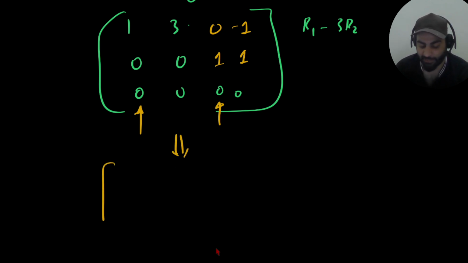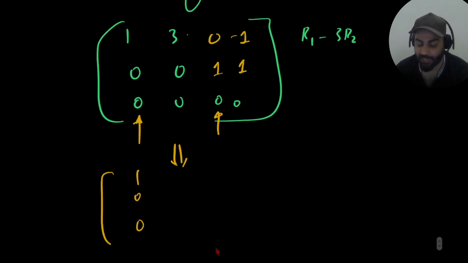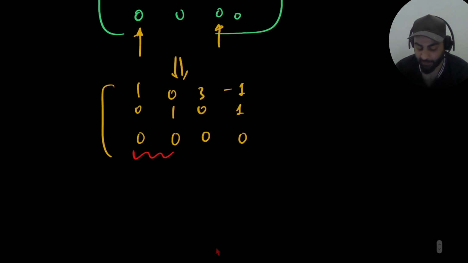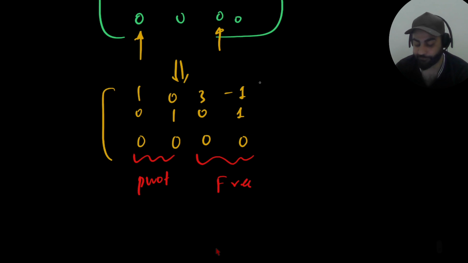So I'll write it like this: I'll take the pivot columns on one side and the free columns on the other side. So 1 0, 0 1, 3 0, -1 1, and 0. These are my pivot and these are my free columns. This is what I get.